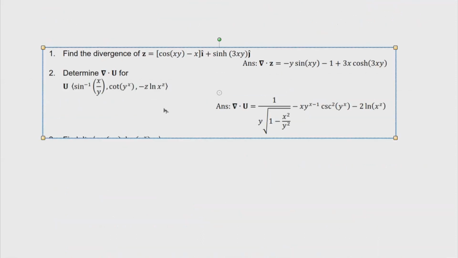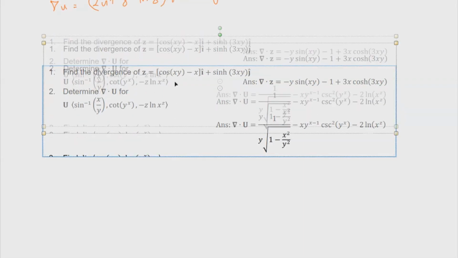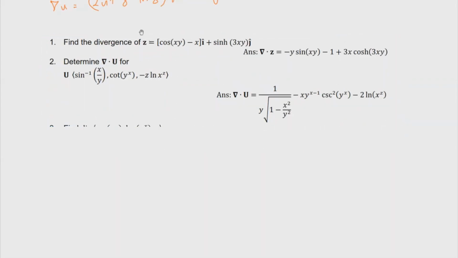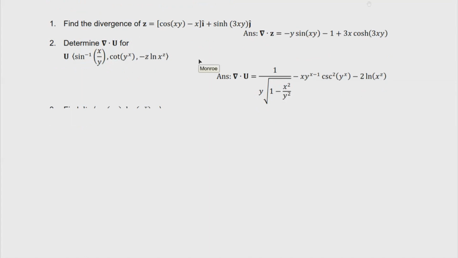Okay, so the first one is we need to find the divergence of z, which is a vector quantity. And again, as I've said before, the dot product is simply taking the product of each of them.